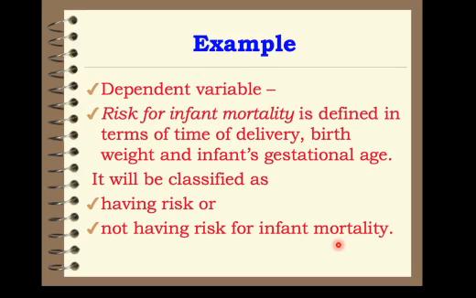We know that risk for infant mortality is also a qualitative variable. And so we have both independent and dependent variables being qualitative, and we know right away that the statistical test to use is a chi-square test.